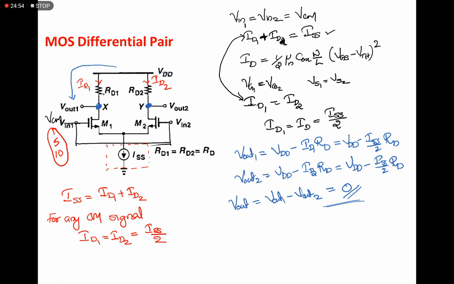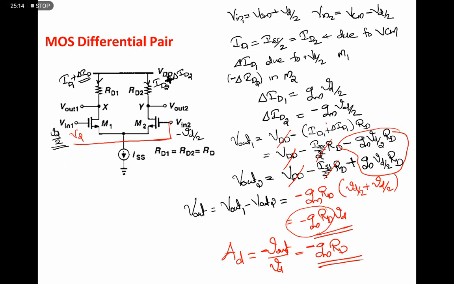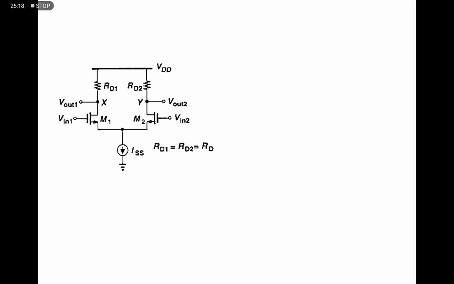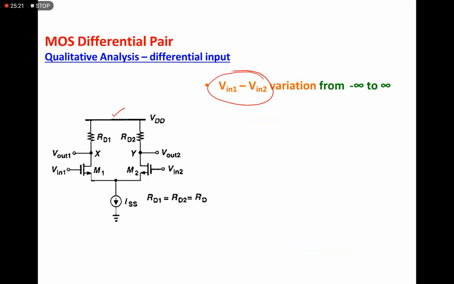We said it is independent, but in practical amplifiers this is not an ideal current source. This current source is created by a MOSFET biased as a current source. So practically there will be a limitation of VCM. So what is the range of common mode signal that we can apply to a MOSFET? We will discuss that. First, we will go through a brief discussion.